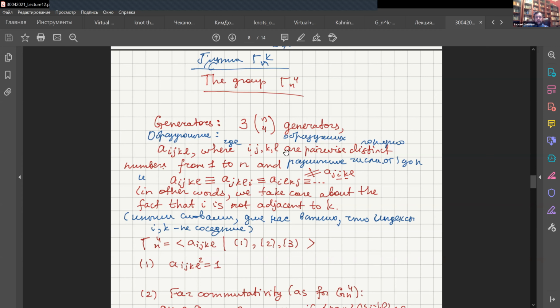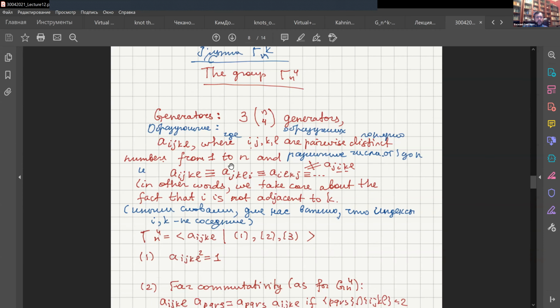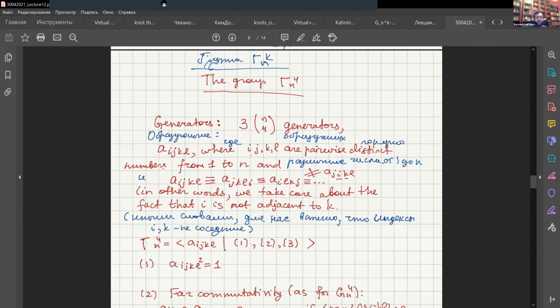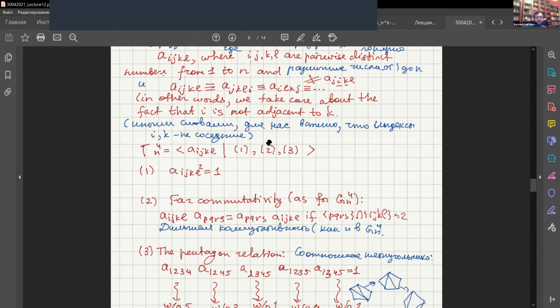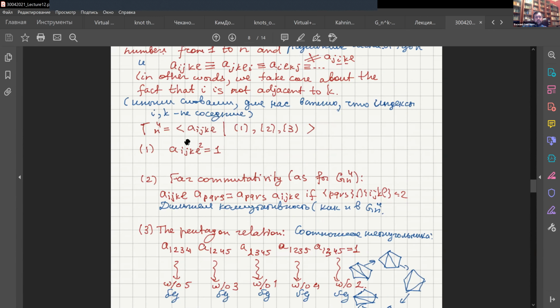So actually, if we have 4 numbers, 4 indices, I, J, K, L, there are 3 ways of matching them up. So we will have 3 times n choose 4 generators. So these are generators, and as for relators, there will be 3 families of relators, and those 3 relators are very similar to those in G n k, but similar, not the same.